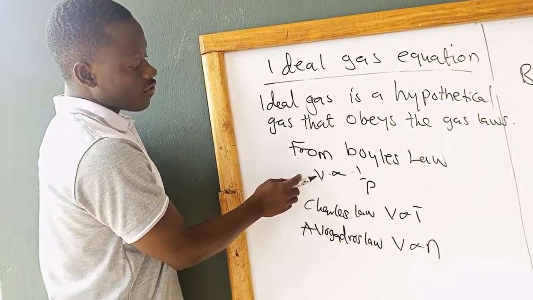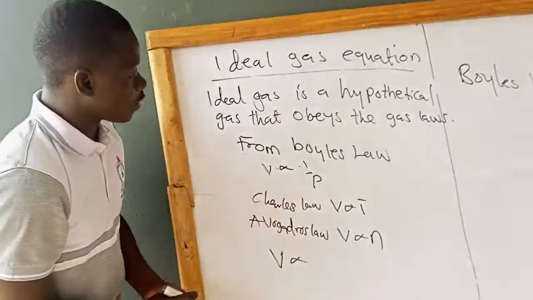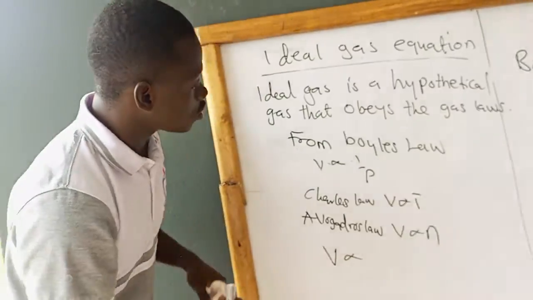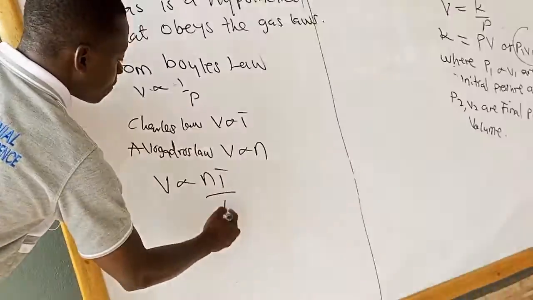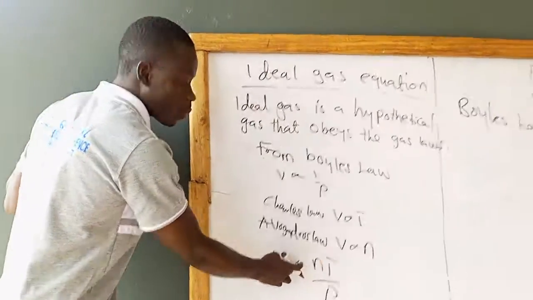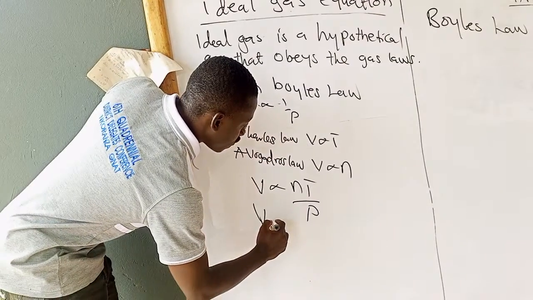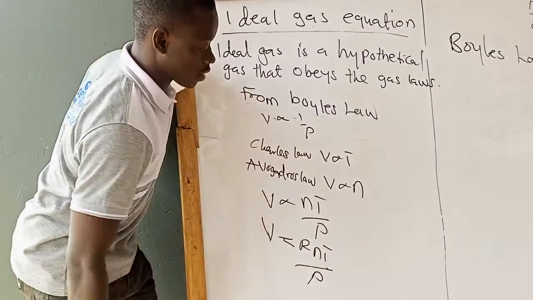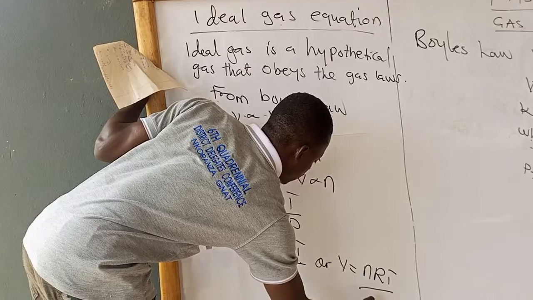You can see that V is common, so we write V. Temperature and amount of substance will come over P, so we have amount of substance over P. But we have to introduce our constant of proportionality, R. So V is equal to R n T all over P, or V is equal to n R T all over P.